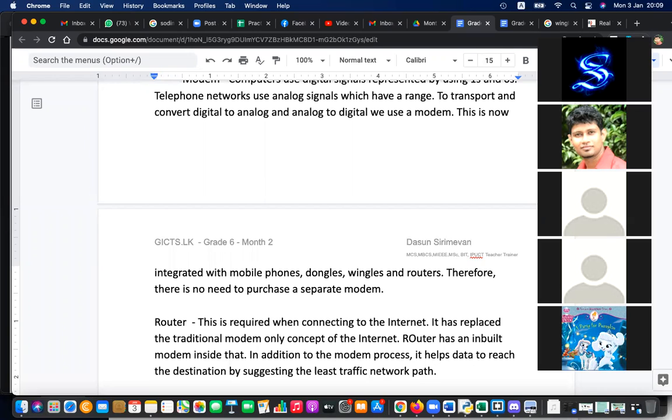So in a network, there are many paths. Actually, it is suggesting us the least traffic path.